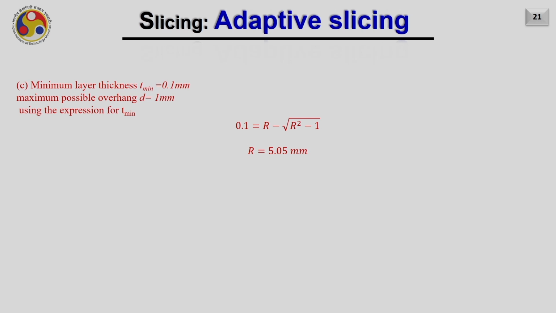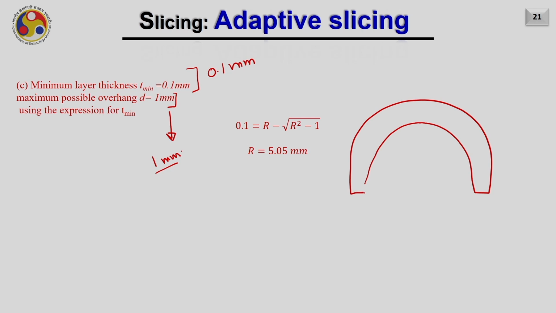Now let us assume that you have an additive manufacturing process in which the minimum layer thickness possible is 0.1 mm, and the material which you are using allows a maximum overhang of 1 mm. In that case, what radius can I build through this process for a duct?